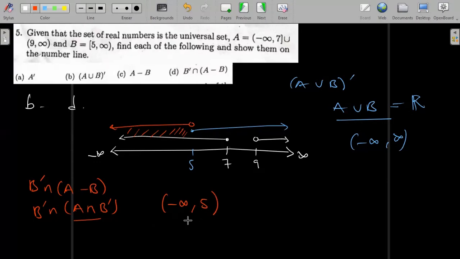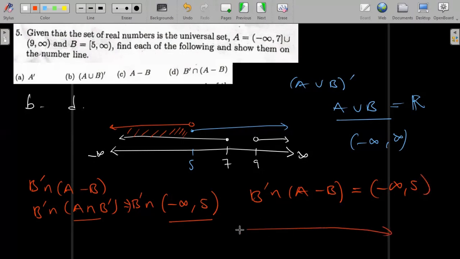And of course, what we found, we're intersecting it with B complement. But when we intersect, it's still going to give us this one, because B complement is the one in red. So B complement intersect A minus B is just going to be equal to the interval negative infinity to 5, not included.